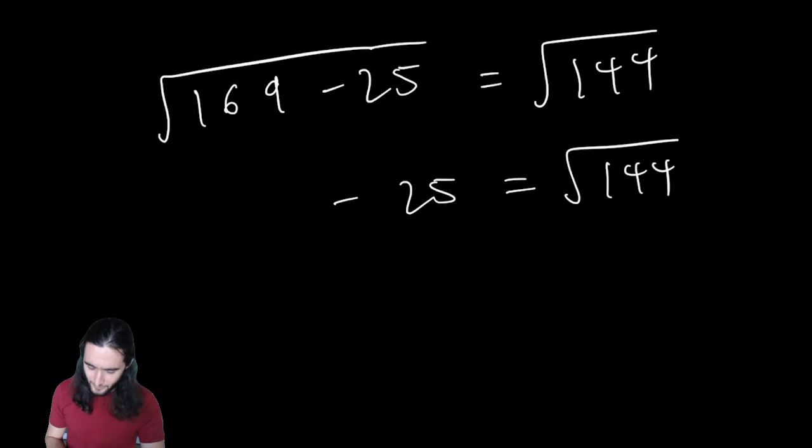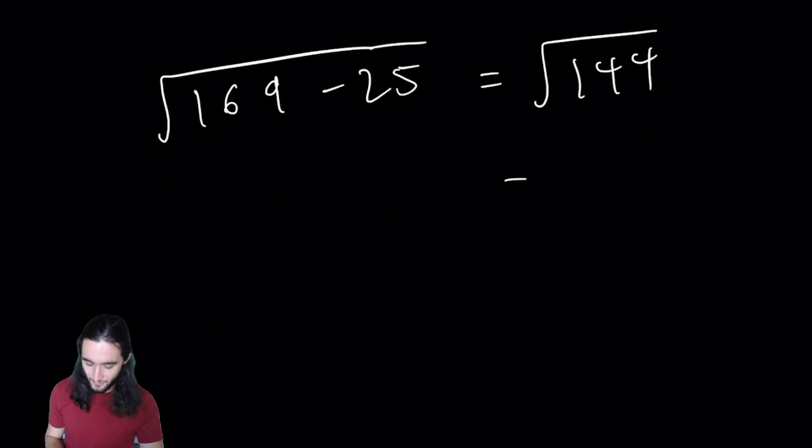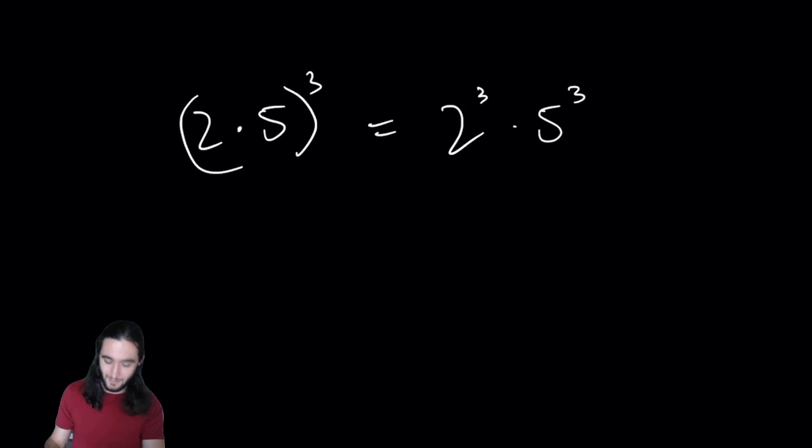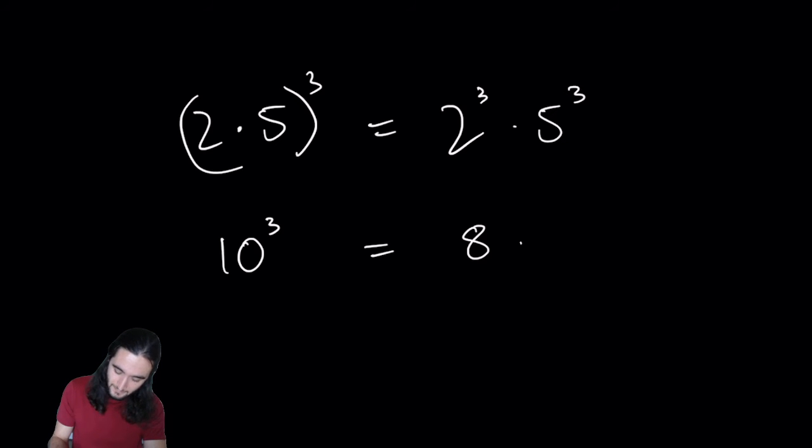Let's talk about distributing powers over multiplication, though, because that does work, which is very nice. For example, 2 times 5 to the third, right? Fortunately, that is totally the same thing as 2 to the third times 5 to the third, right? This is 10 to the third. This is 8.